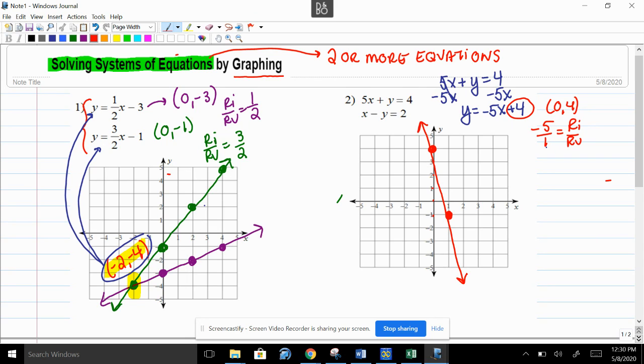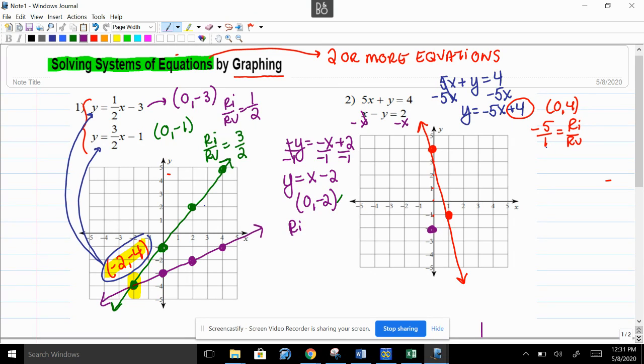That second equation, if I subtracted x from each side, again, I'm going to rewrite it. These would cancel. That would leave me with -y = -x + 2. And I divide across the board by -1. I will have y = x - 2, since negative divided by negative is a positive. So that's going to have a y-intercept of (0, -2), which would be right there.